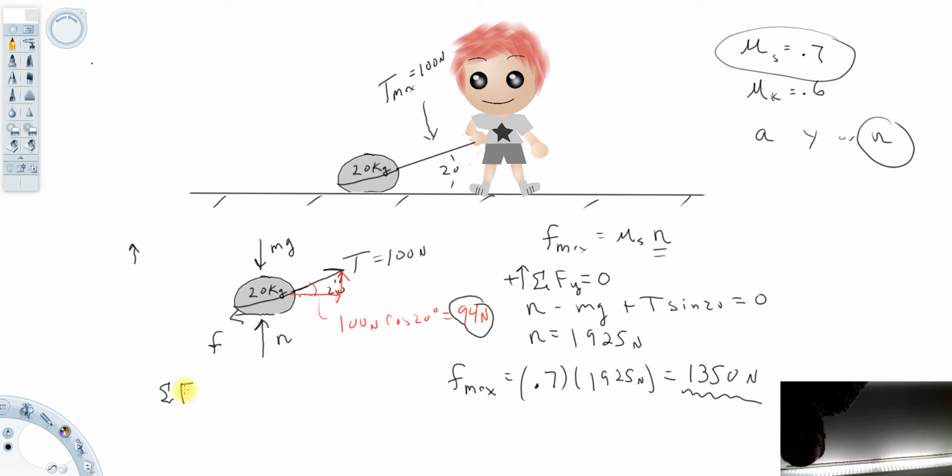Sum of all forces in the x direction is equal to 0. We know the rock's not accelerating now. It doesn't matter if we go left or right positive. I'll go ahead and do right positive. And we already discussed we got 94 newtons to the right, frictional force to the left. If you solve that for the frictional force, actual frictional force acting on the rock is 94 newtons.